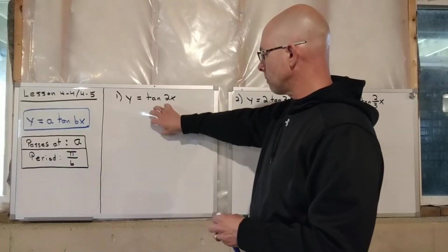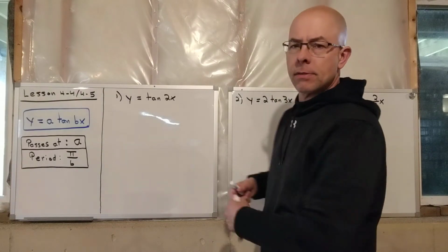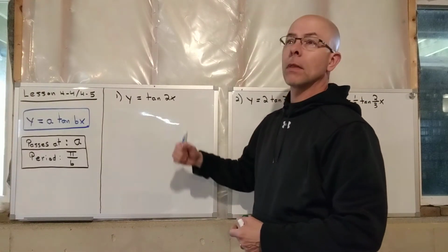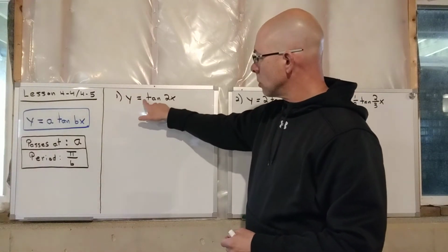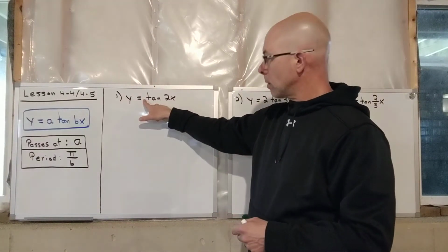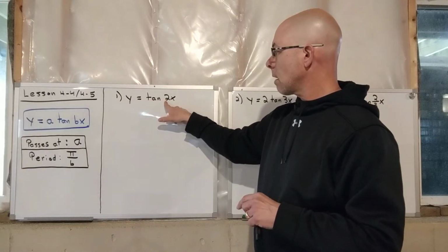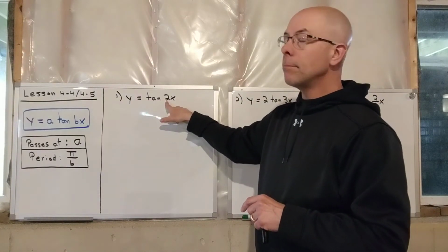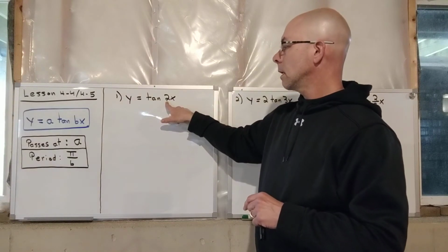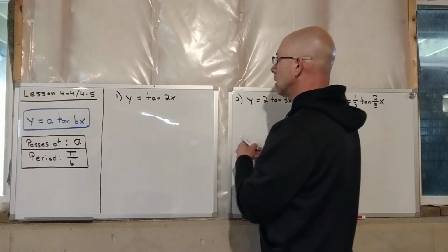So here we go. Got the first example right here. Y equals tangent 2x. Didn't get too fancy. Just put a 2 right there. So there is an understood 1 in front of the tangent for the a value. So I'll put a 1 in the old amplitude position, and then we'll calculate this. Now, this being b, the period is pi divided by b.